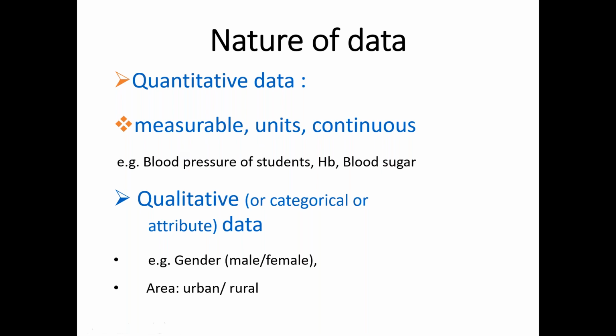In the continuous mode, whenever I talk about continuity, you could also find the values expressed in decimals. 1.1, 1.2, 1.3, these are decimal points, isn't it? 0.1, 0.2, 0.3.